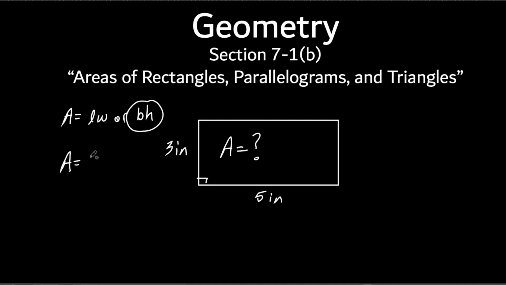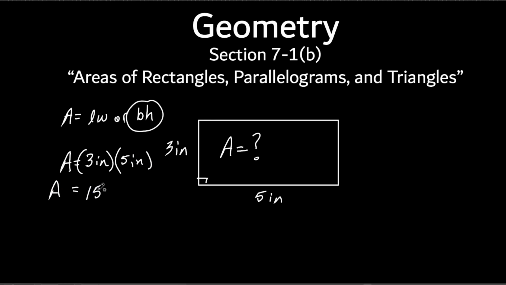So it's 3 times 5, or it's not just 3, it's 3 what? Inches. Because when we do area, we measure it in certain units. We could measure it in centimeters, inches, feet, miles, yards, meters, or whatever. So it's 3 inches times, I'll just use parentheses, times 5 inches. Agreed? All right, so do the math. It's pretty easy. 3 times 5, 15.